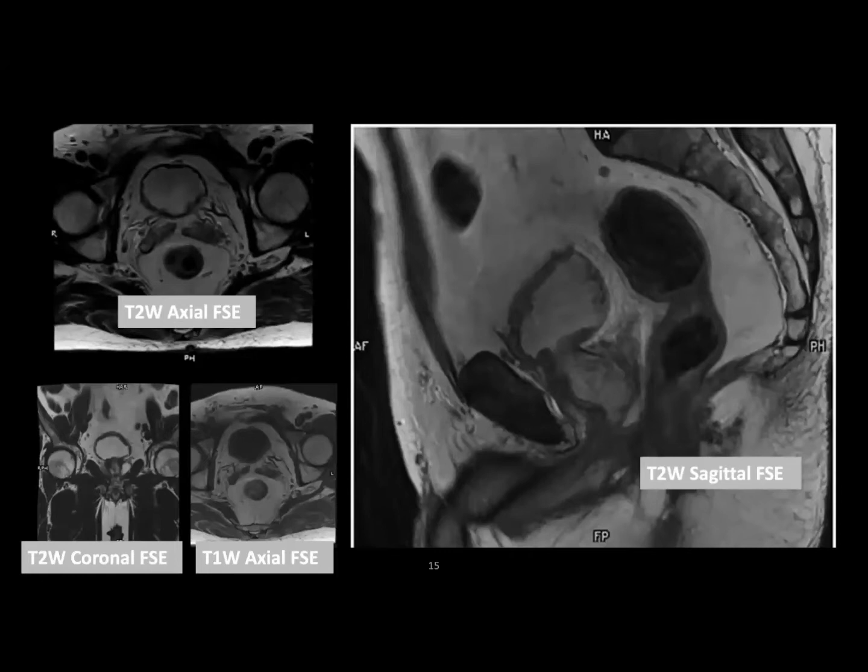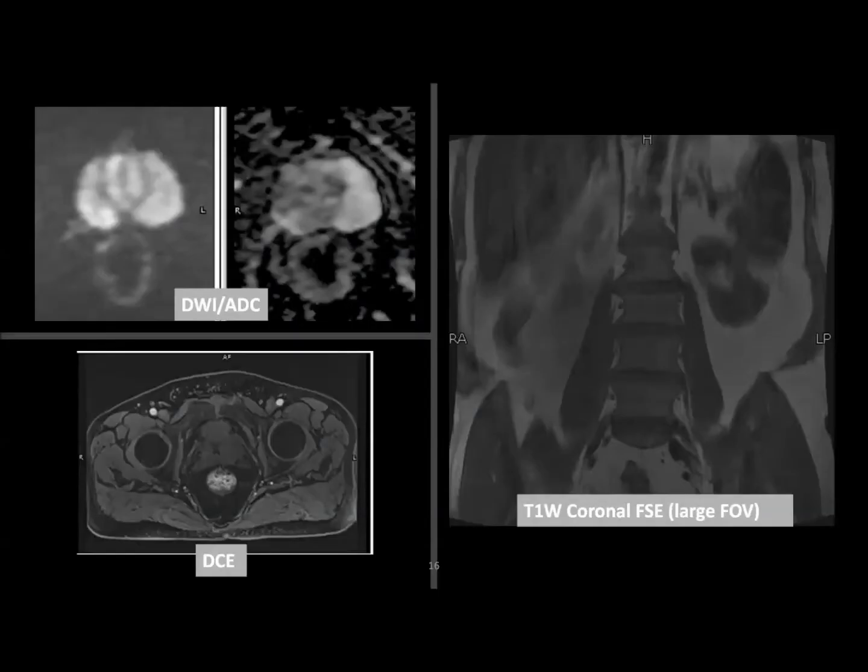Next slide. Sorry. All right, so on the top left, this is a DWI and ADC. And the left one is a DWI sequence in which we can see bright signals within the prostate, and on the right is the corresponding ADC mapping.